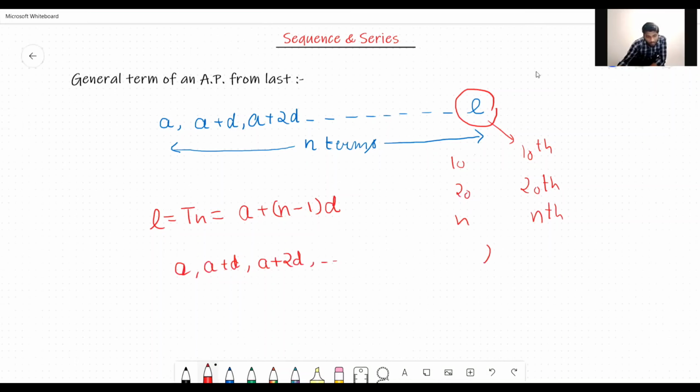And if the last term is L and common difference is D, the term before L would be L minus D. In this L minus D, we will add D and get L. The term before that would be L minus 2D, and so on, L minus 3D, L minus 4D.